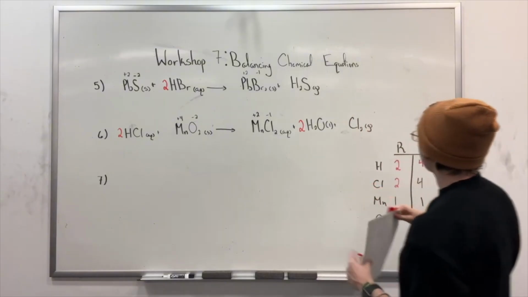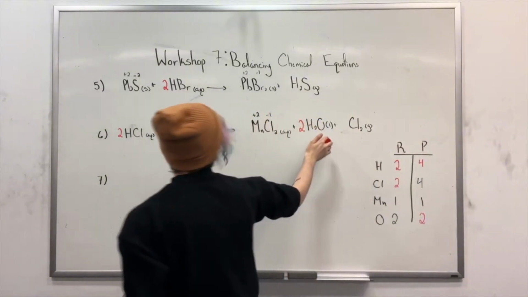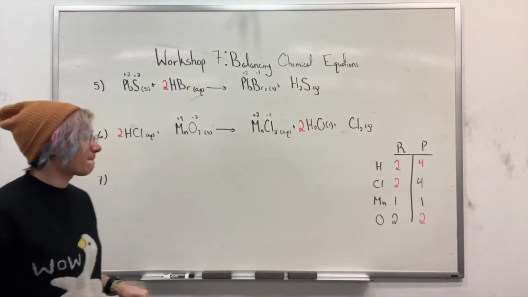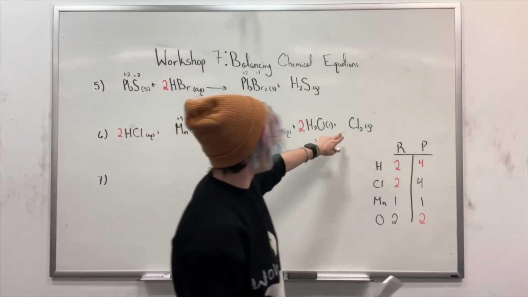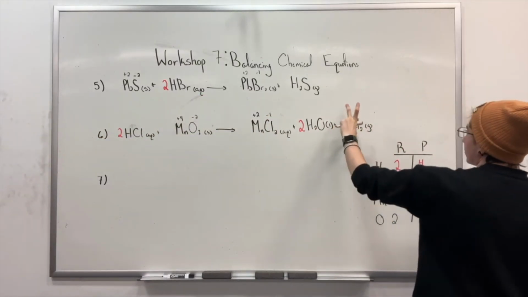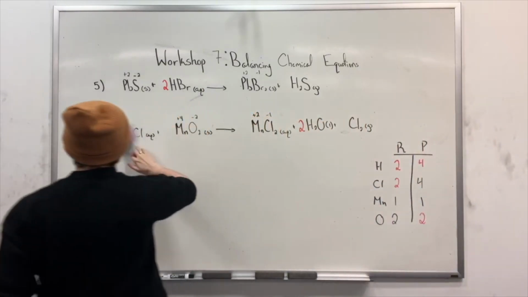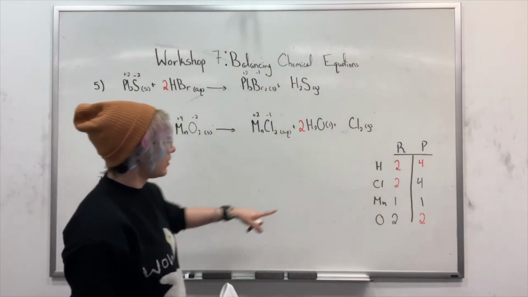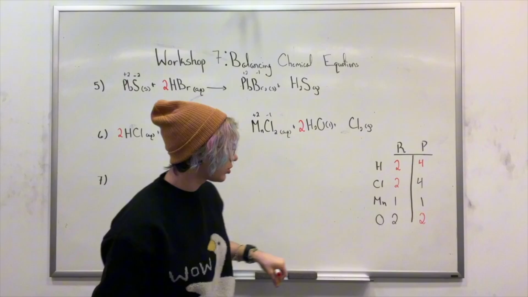And now, since we have smaller numbers on our reactant side, this is a case where even though chlorine by itself, we don't have to worry about using that to balance it out. If we had less chlorines on the product side than the reactant side, we would just affect this chlorine. We'd put some coefficient here to make it balance, but in this case, it is smaller on the reactant side each time. We have 2 hydrogens versus 4 hydrogens, and 2 chlorines versus 4 chlorines.